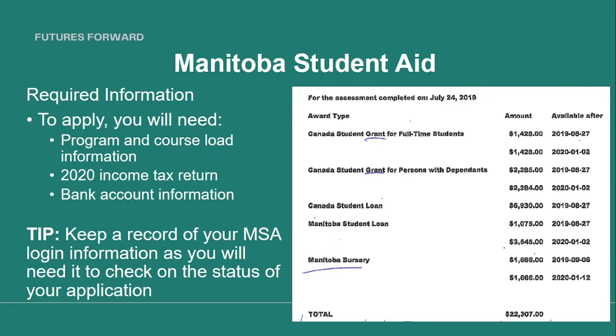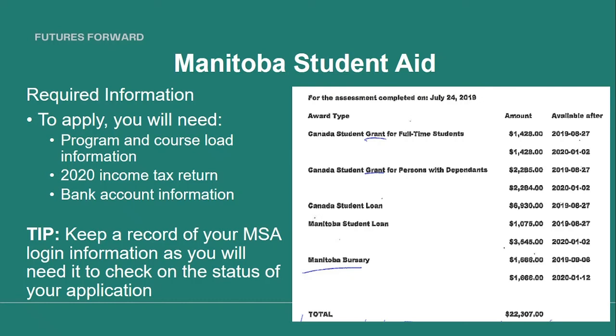Here in the right picture, it's pretty much an assessment of someone who received a loan from Manitoba Student Aid. They were able to break it down from the award grants that they received and the loan that they received.